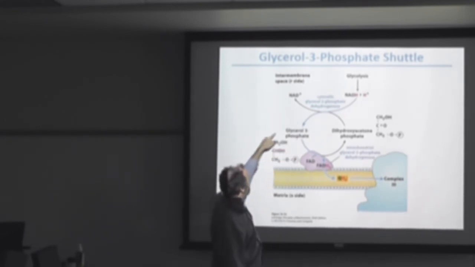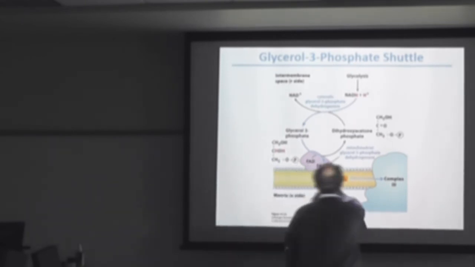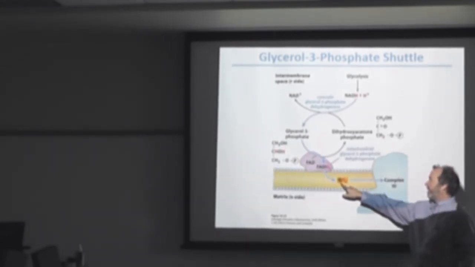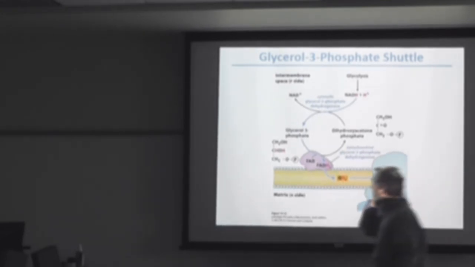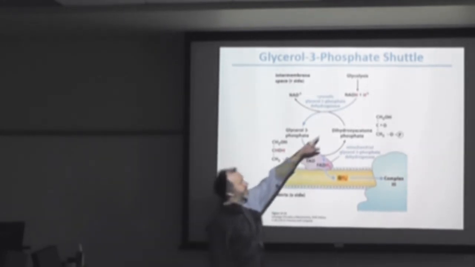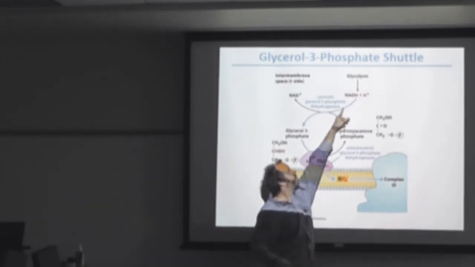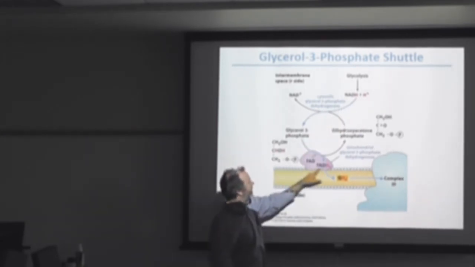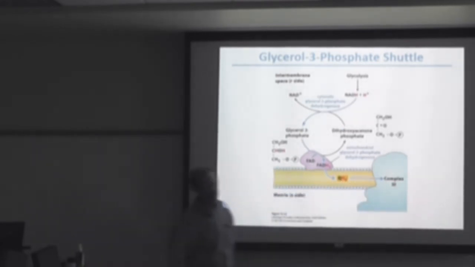Glycerol 3-phosphate then will transfer those electrons to FAD to form FADH2, which will transfer them directly to ubiquinol and go to complex 3. So with this, though, you don't get that extra added protons pumped across, because you're going directly to ubiquinone to complex 3. So you skip complex 1 like you would normally with the NADH electrons.